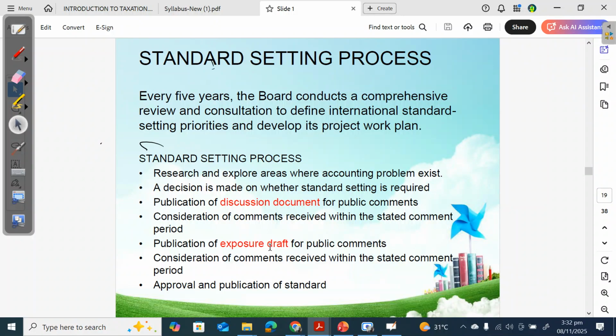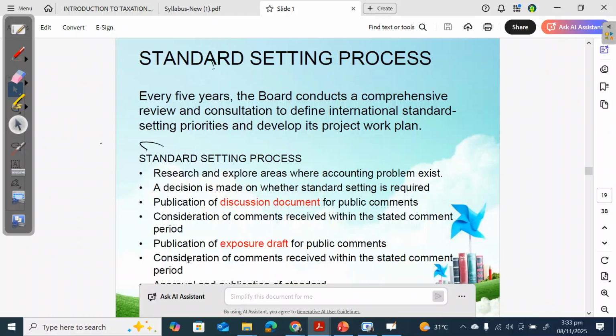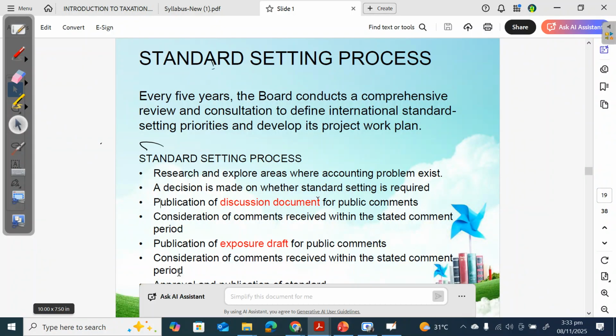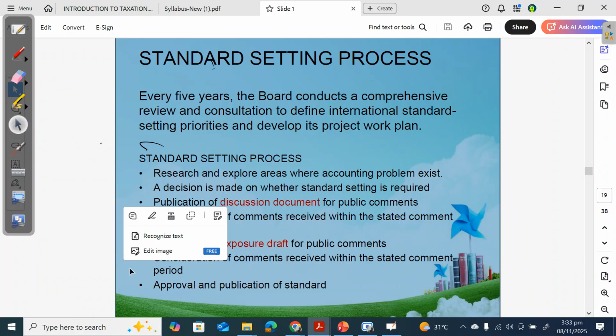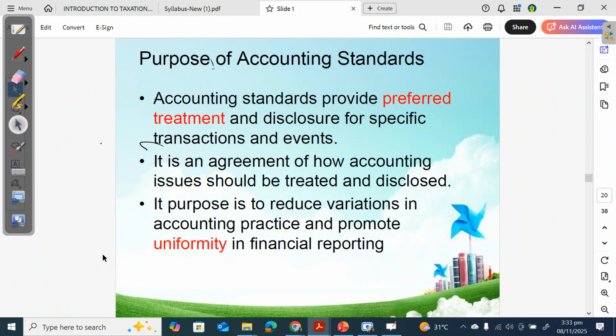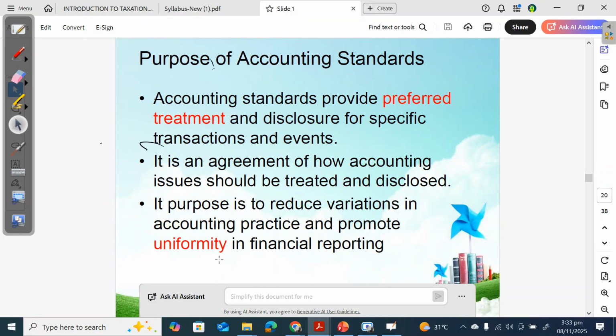The exposure draft is also given out to the public to look at. Then they will collect the comments from the public and use them to prepare the final standard, and the standard will be approved by the board.